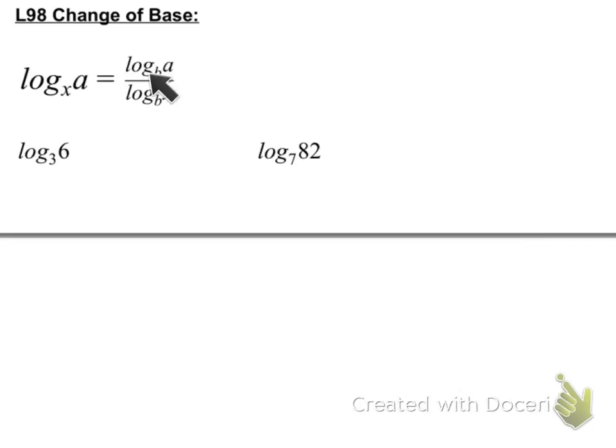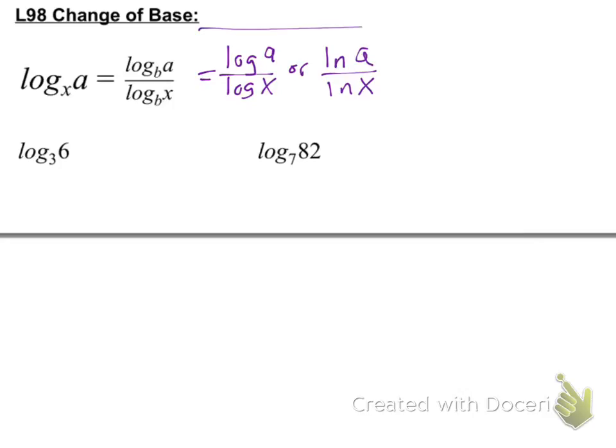But it's the same log now. You can change it to any base you want. But again, we're more than likely going to change it to log a over log x, or natural log of a over natural log of x. Those are probably the two you will use because those are on my calculator.